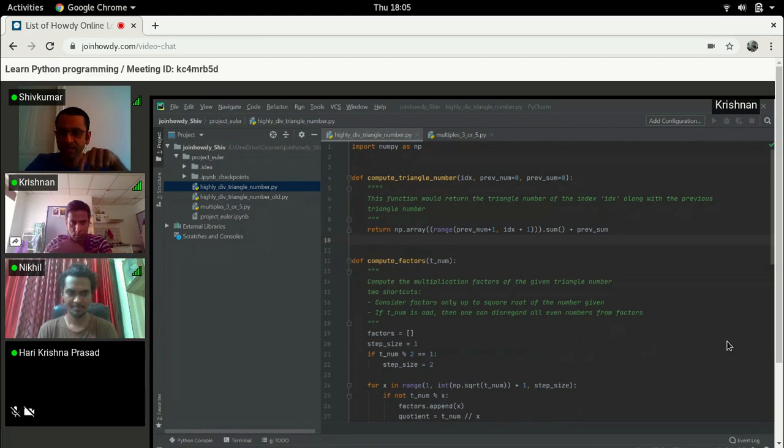If the previous number is greater than the current number, then you have to create a reverse range: range of previous number to this number with step -1, or you switch them either way. But in that case you'll have to subtract, right? Exactly, and also you have to subtract the sum.